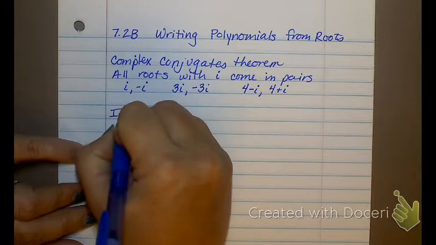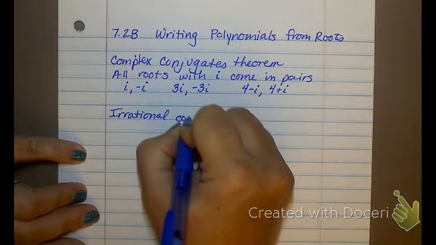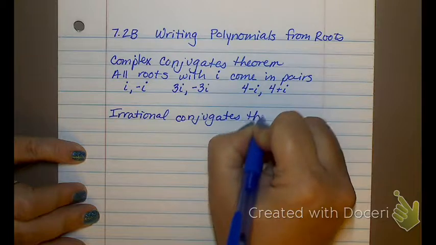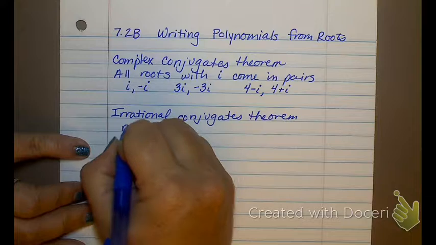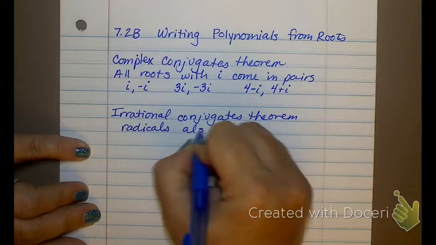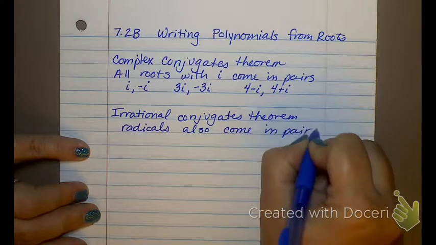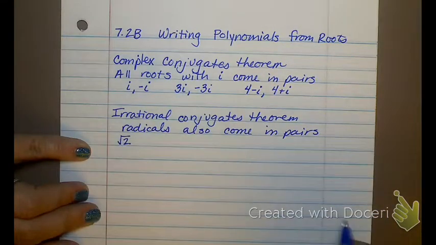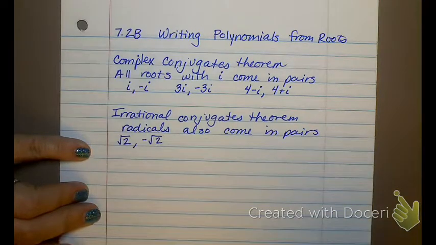Okay. Irrational conjugates theorem. Says basically the same thing, except it deals with radicals. Radicals also come in pairs. So if I have radical 2 as a root, then negative radical 2 is also a root.